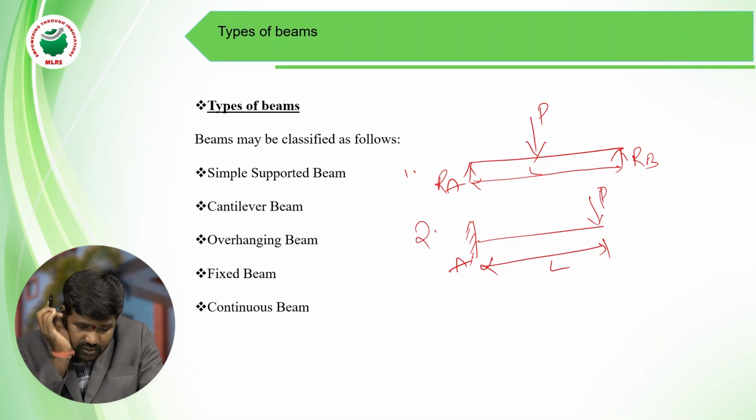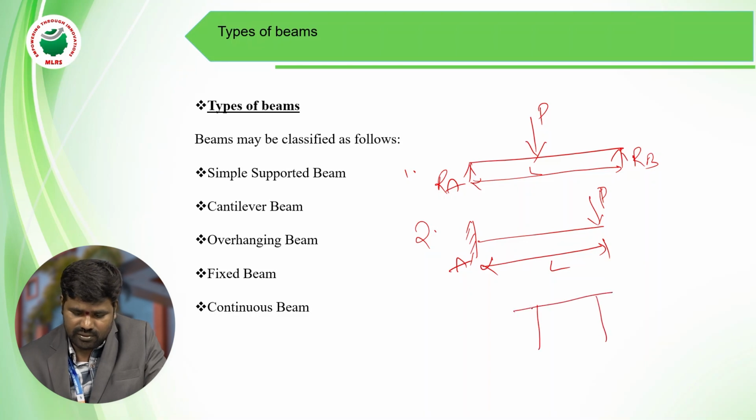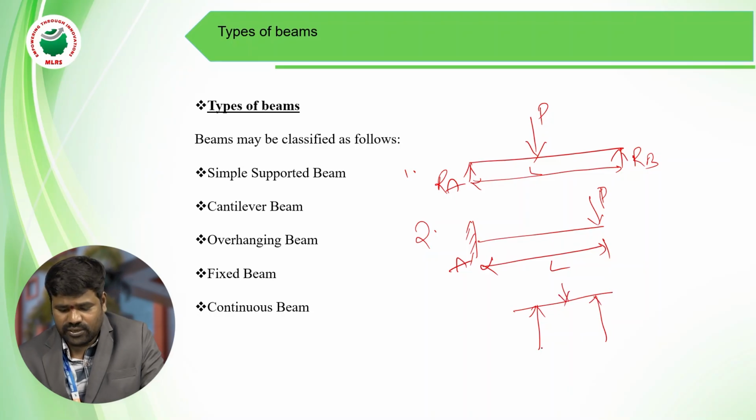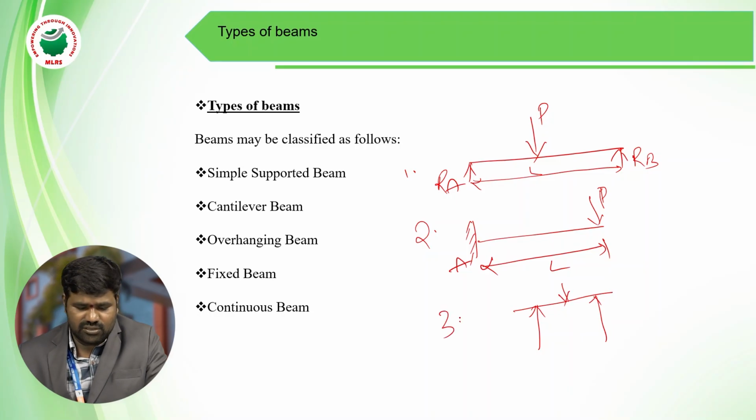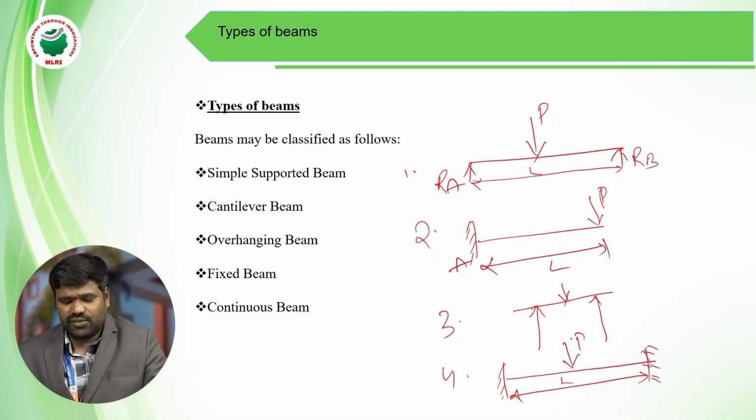Next, overhanging beam. This is called overhanging beam. Next, fixed beam. Fixed beam, both sides fixed.